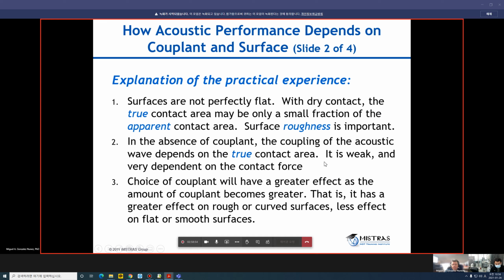It is weak and very dependent on the contact force. And for this, we have a choice of coupling that will have a greater effect as the amount of coupling becomes greater. What is the meaning of this? It has a greater effect on rough or curved surfaces, and it has less effect on flat or smooth surfaces.